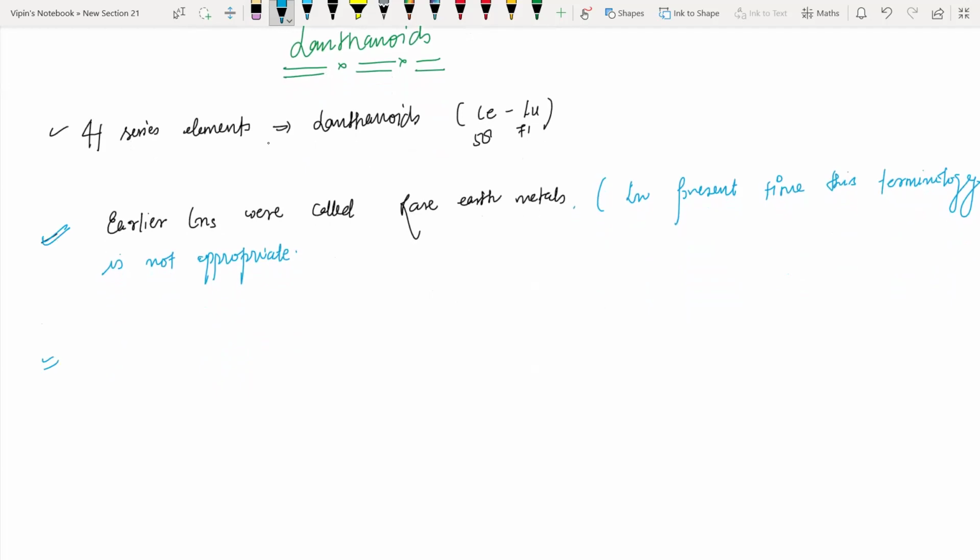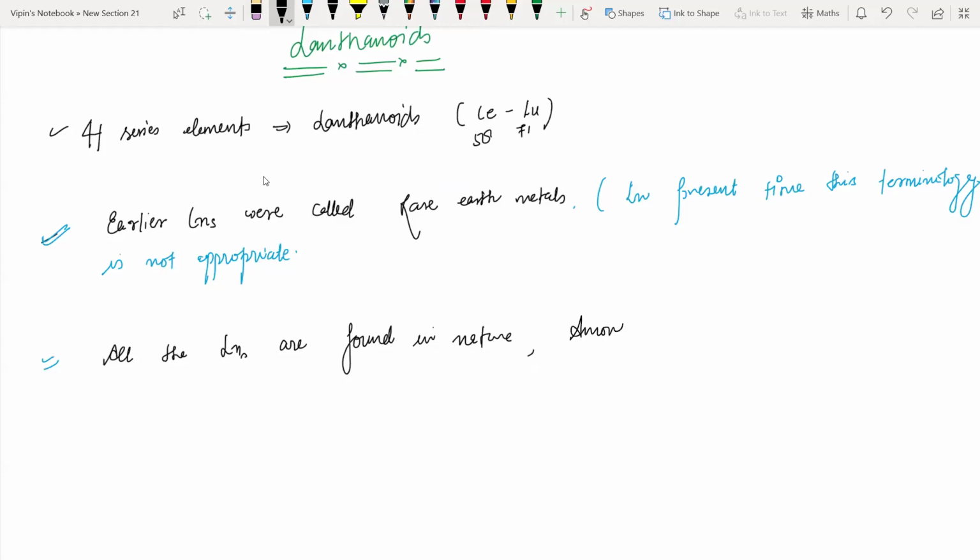All the lanthanides are stable and found in nature.